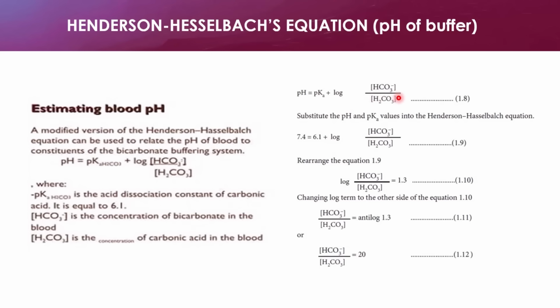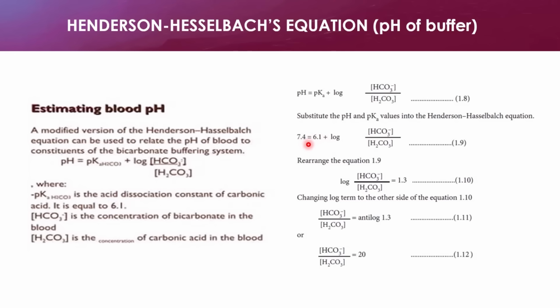If you rearrange equation 1.9, we get log of the concentration of this divided by the concentration of this equal to 1.3, because when this crosses the equal sign, it becomes minus. Also, moving the log term to the other side of the equation, we have the concentration of this divided by this equal to the antilog of 1.3, as equation 1.10.